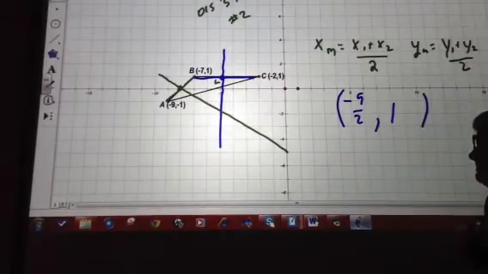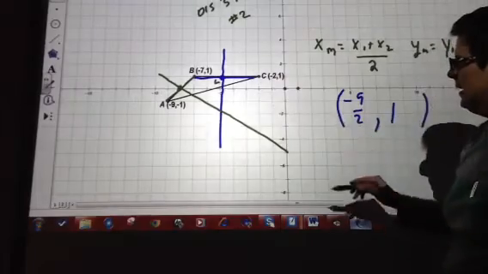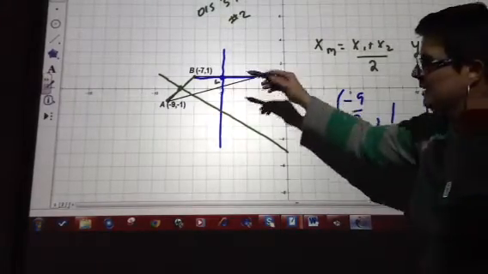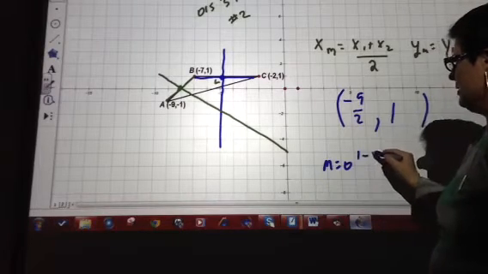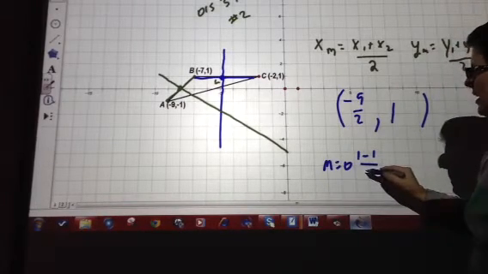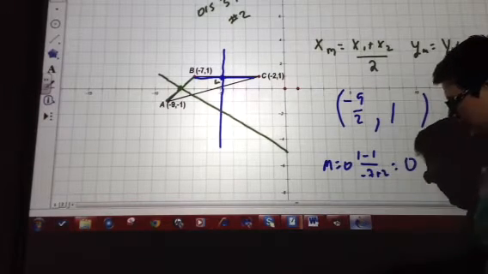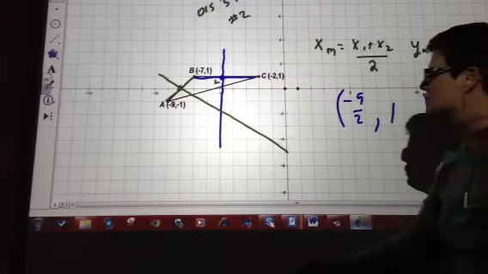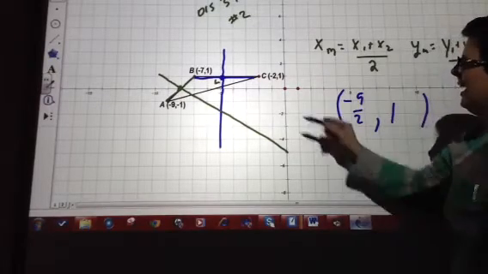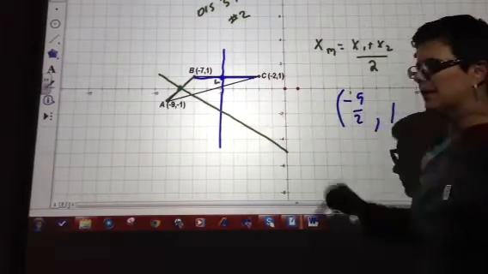Now let's think about finding the slope of the line that is perpendicular to segment BC. Well, the slope of segment BC is 0. If I take my change in y's divided by my change in x's, ladies and gentlemen, I do indeed get 0. So if segment BC's slope is 0, what would be the slope of the perpendicular?